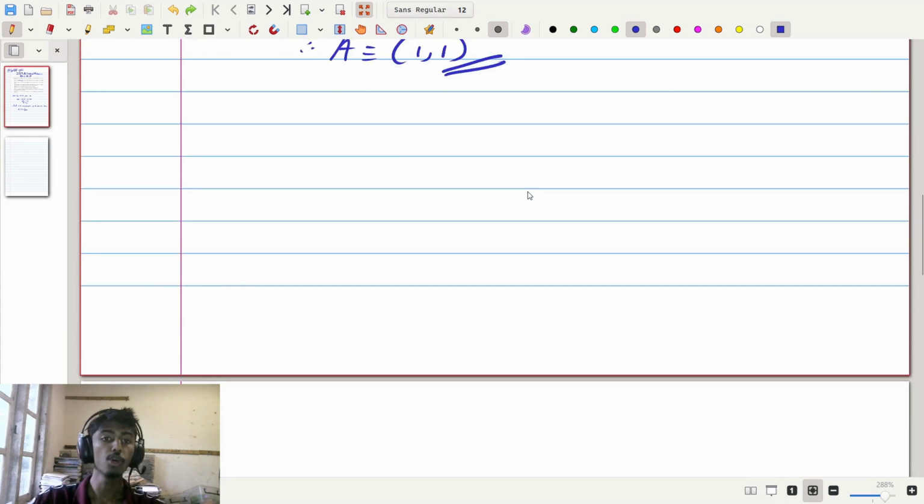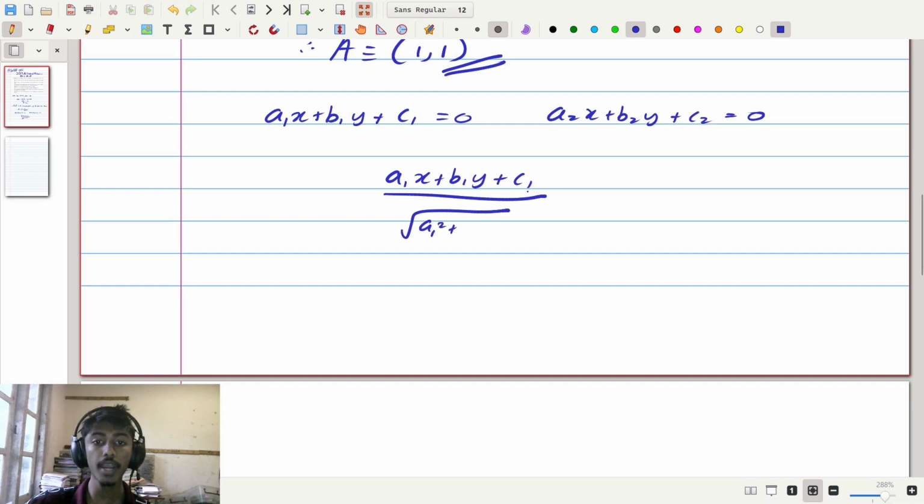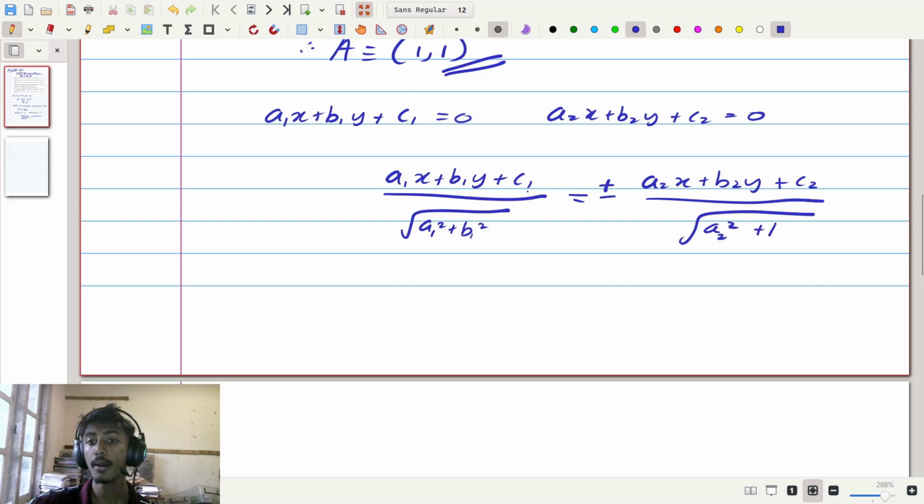Now as we know, whenever you have two lines of the form, let's say a1x plus b1y plus c1 equals 0 and a2x plus b2y plus c2 equals 0, if these two lines intersect at a certain point, then the two angle bisectors will be given by (a1x plus b1y plus c1) divided by the square root of a1 squared plus b1 squared equals, and on the other side we're going to get plus or minus (a2x plus b2y plus c2) divided by the square root of a2 squared plus b2 squared.